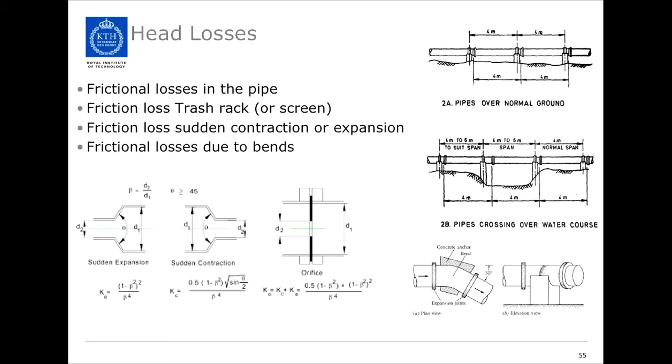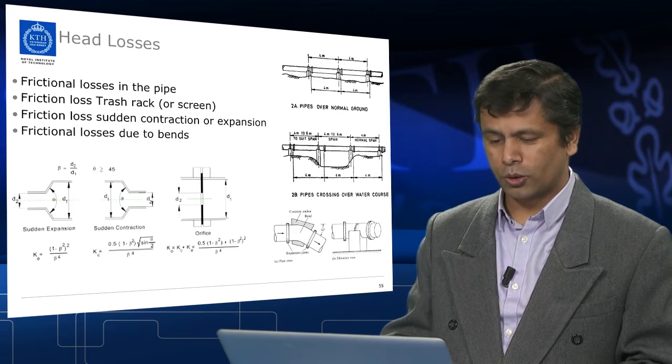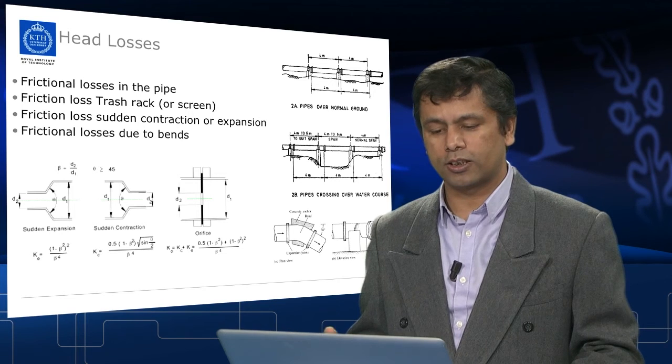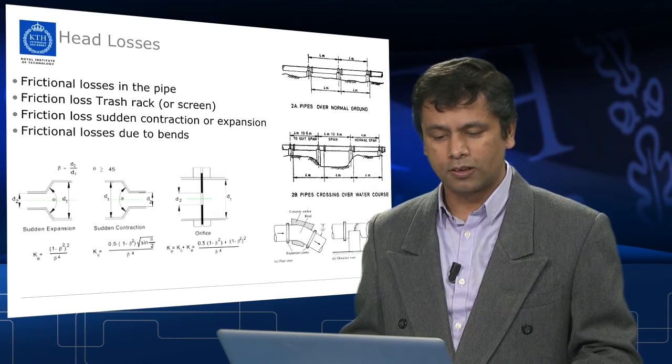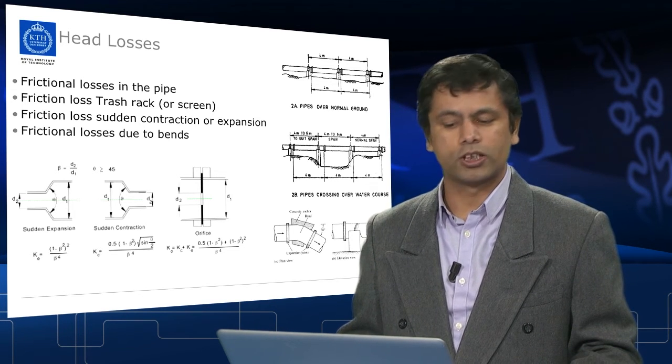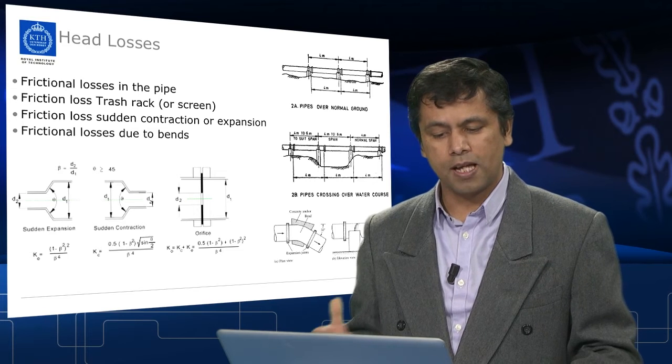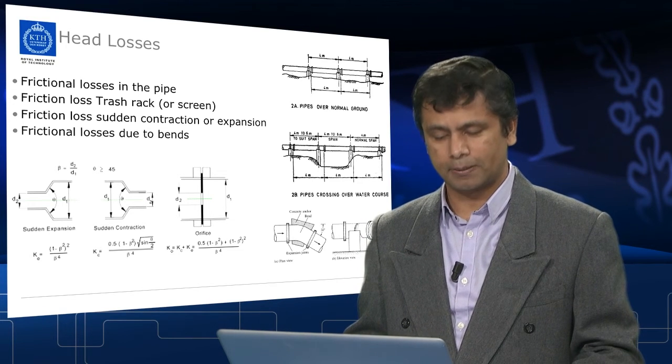Also, when passing through different sections, there are sudden contraction and expansion losses in the pipe, and if there are bends, horizontal and vertical, in the pipes, they also contribute some head loss. So, basically the total head loss is the summation of frictional losses, losses in the trash rack, losses in contraction and expansion, and losses in the bends.